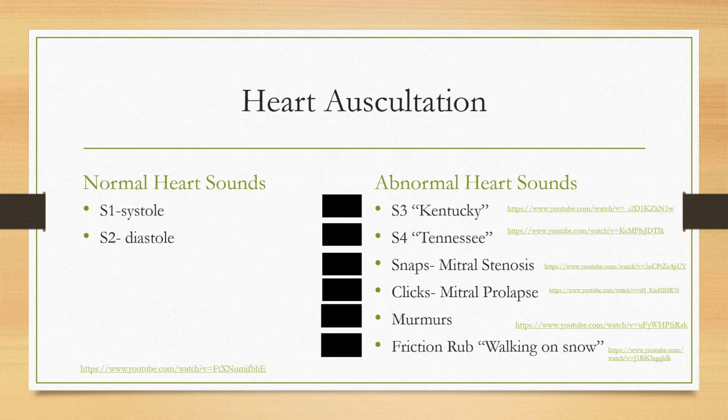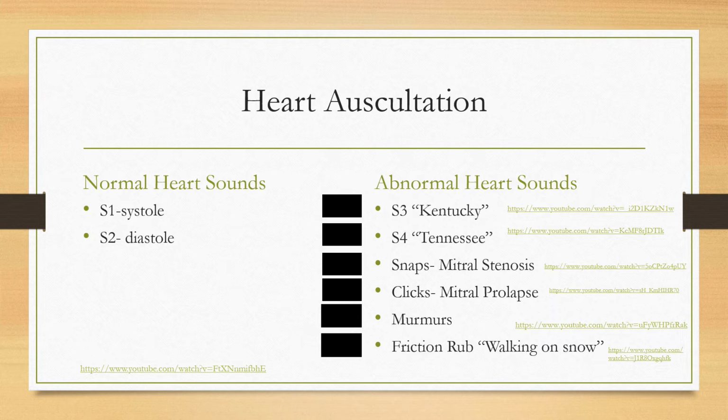So if we hear a murmur, yes, we can try and predict it's the murmur of aortic stenosis or it's the murmur of mitral regurgitation, but we need to confirm it, and that's with an echocardiogram.